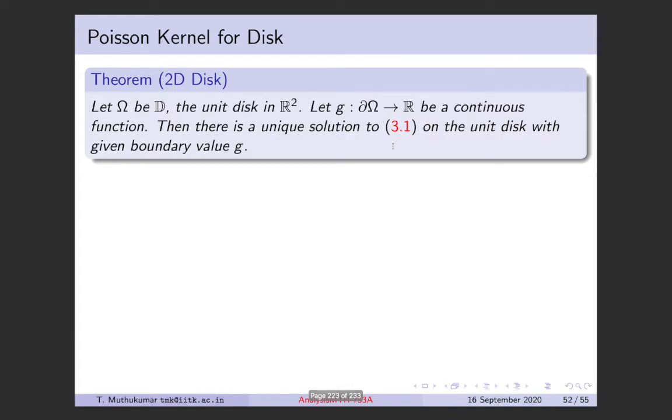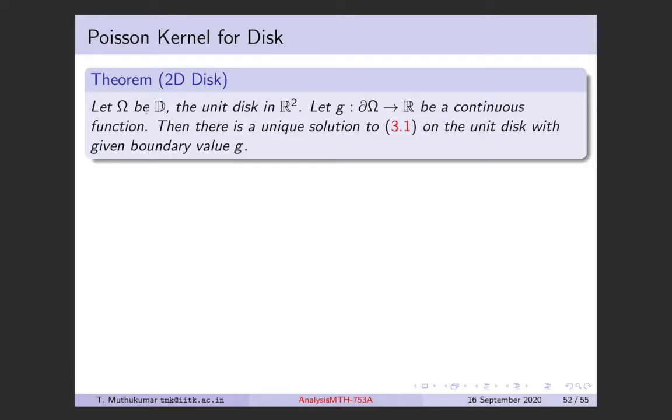And this is a very famous result you must have done in your PDE course, what is called the Poisson formula for the disk, for a two-dimensional disk. So if you take the unit disk in R2, which is what we did, I mean mod z less than 1.